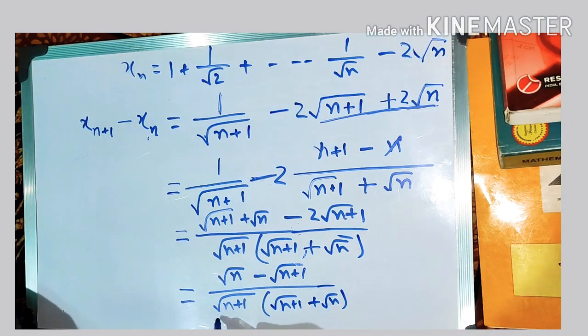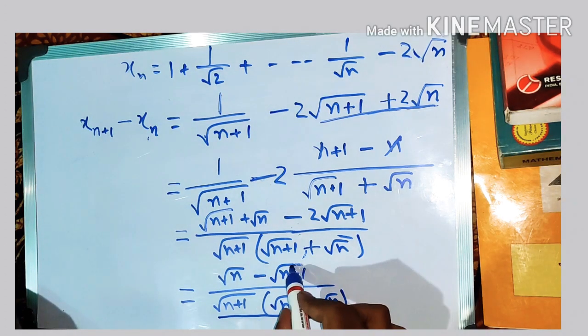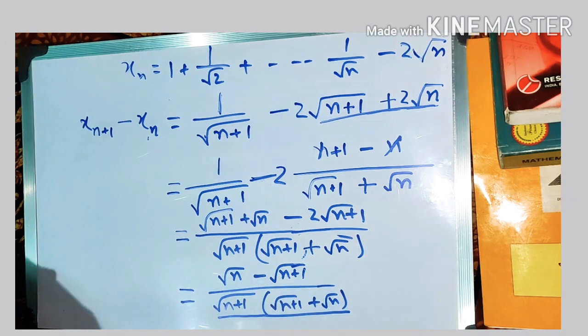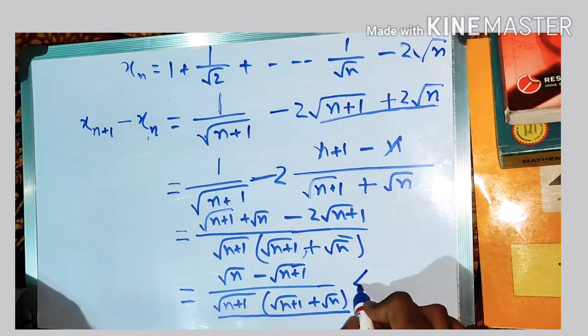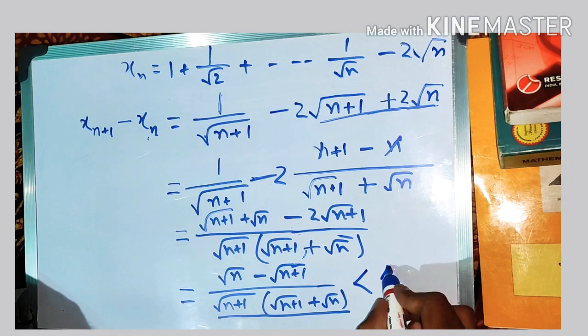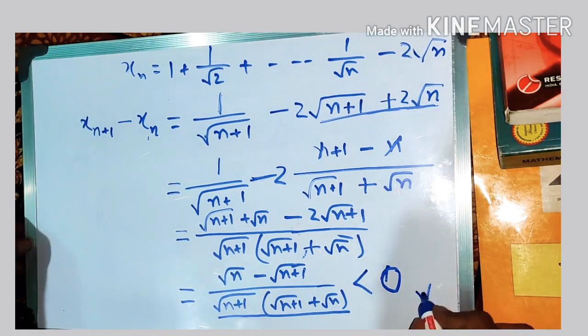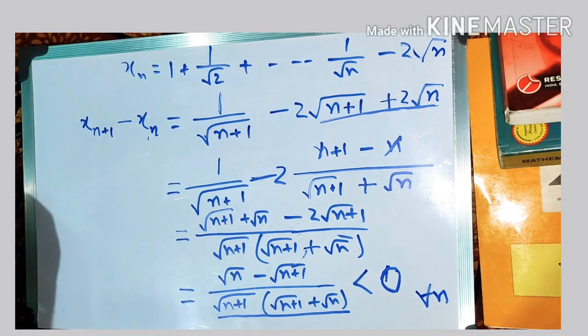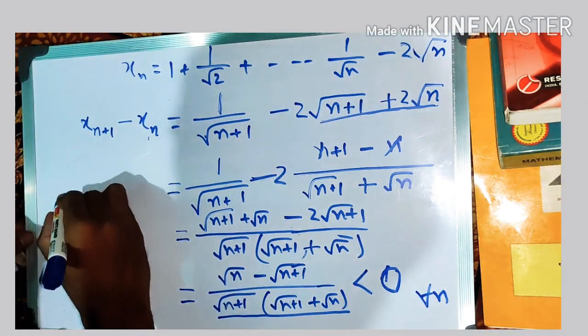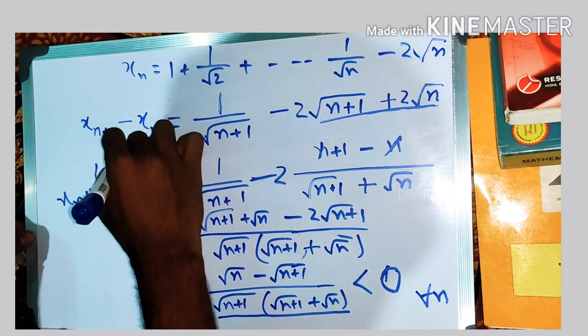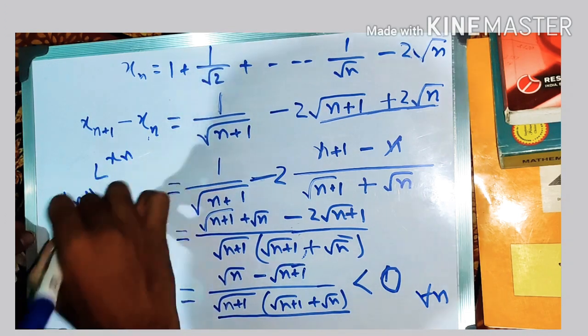In the lower part it is fully positive, but as n plus 1 is greater than n, root of n plus 1 is also greater than root n, so it is wholly less than 0 for all n. The conclusion is xn plus 1 is less than xn for all n.